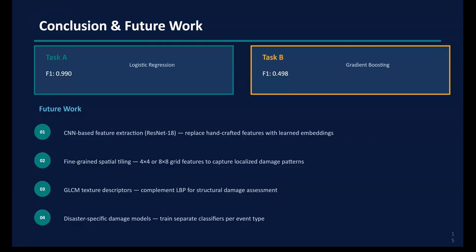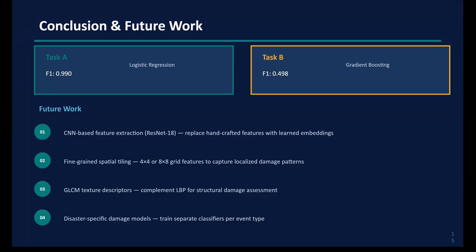So, now for conclusion and future work. We believe that task A is effectively solved with handcrafted color features and a linear model, but task B is constrained by the major class and by the limits of global image statistics. Our clearest path forward for task B is a CNN-based feature extraction approach where we replace the handcrafted features with learned embeddings from a pre-trained network like ResNet-18.